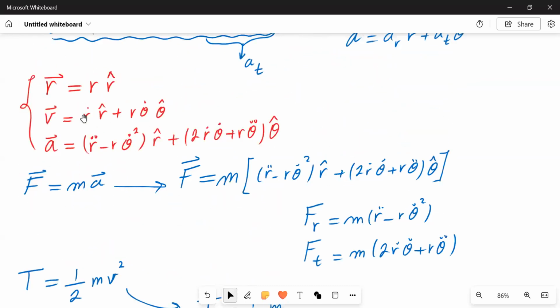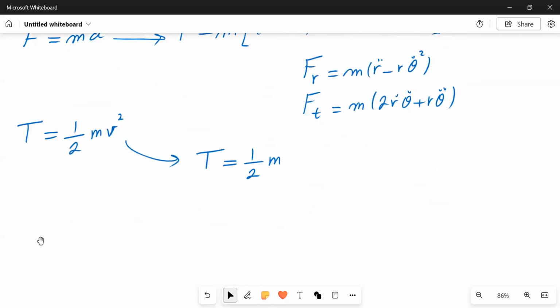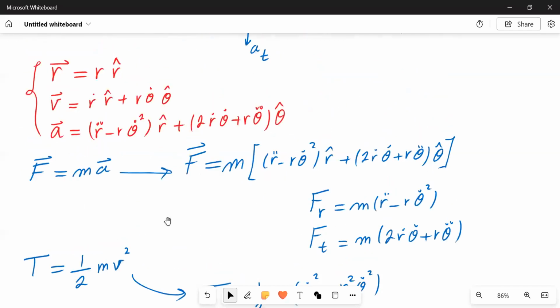If the velocity has two components, and you know that r hat and theta hat are perpendicular unit vectors, right? So that's why they can define the two-dimensional plane. So that'll be just r dot squared plus r squared theta dot squared. So you can find countless examples in which you can express all the dynamical variables of interest in terms of the polar components.